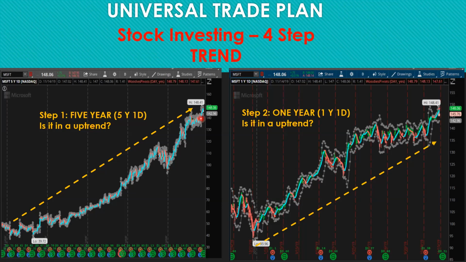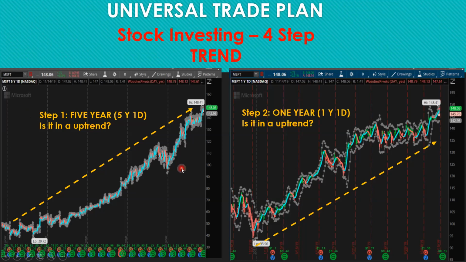Now, if you pull up a stock and it starts at the top left and goes down to the bottom right, then that stock is in a downtrend. If the price action is just moving sideways, then you know that stock is in a sideways movement.